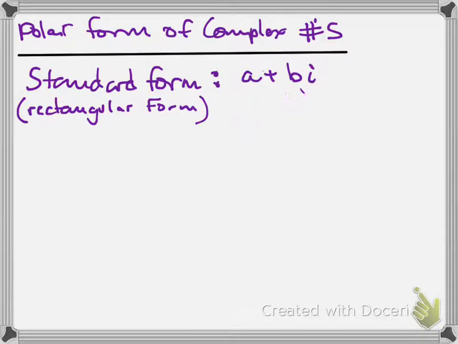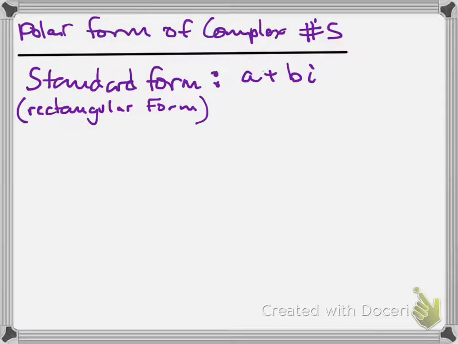Rectangular form is another name for standard form. You'll see this in complex number theory. This is one of the confusing things about working with complex numbers and vectors, that there are a lot of different names for the same thing.